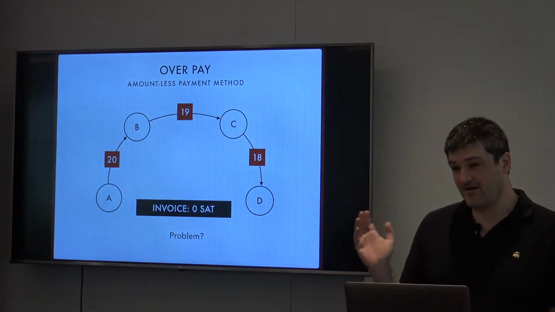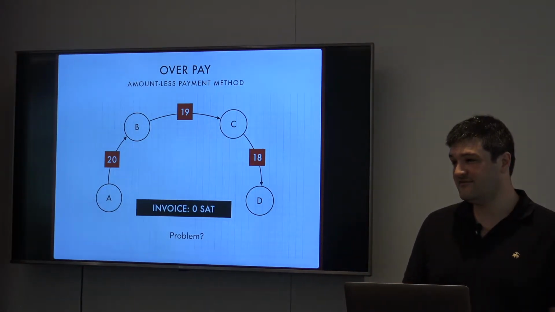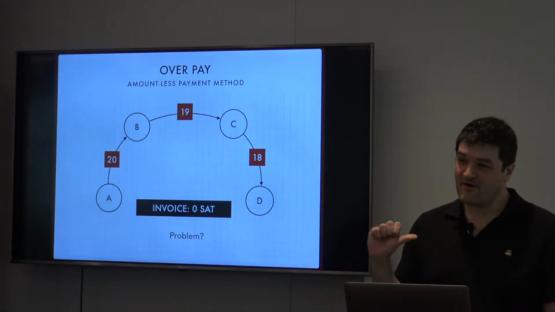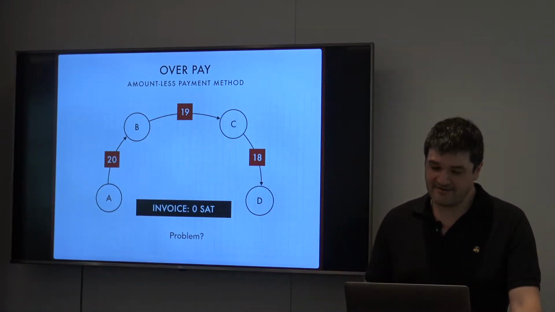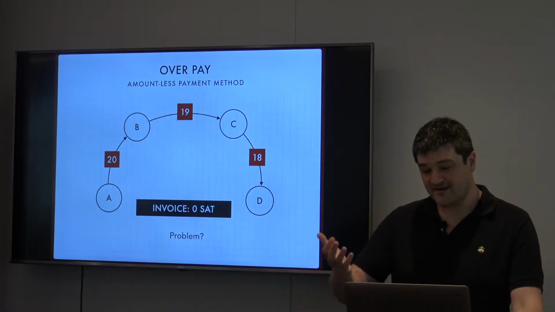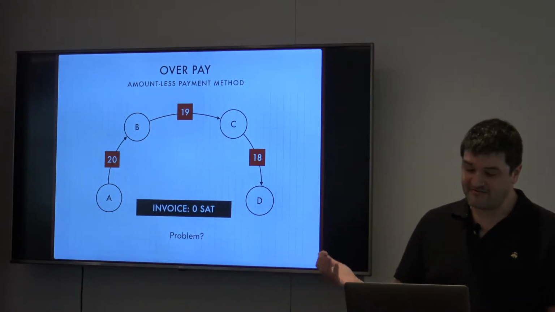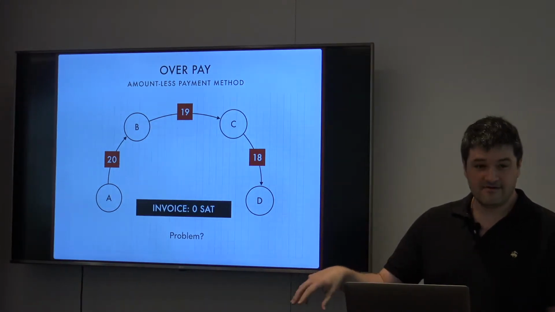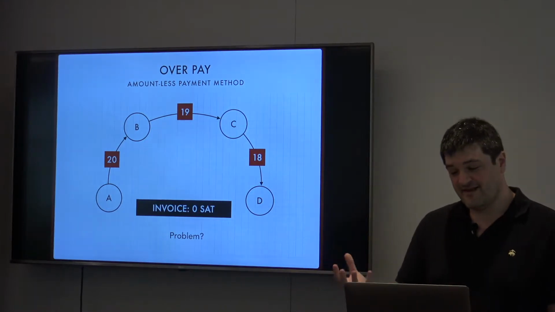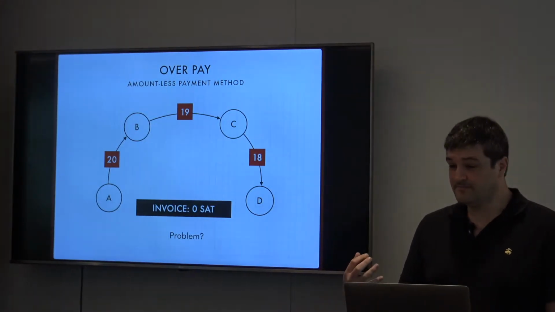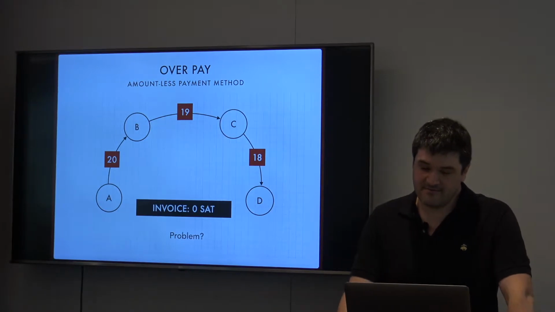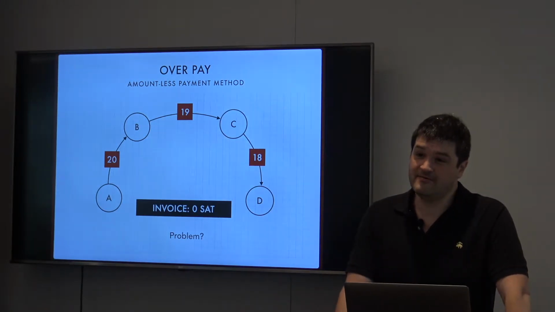I want to actually pay 18 satoshis because I like that tweet. So I set up a route. I'm A, I set up a route and I pay 20 to B, and then there's a 1 satoshi routing fee, and then at the end of my route, D, which is the tipping site, gets this 18 HTLC locked to it. What's the problem with this scenario?